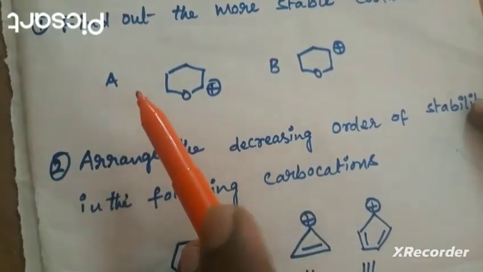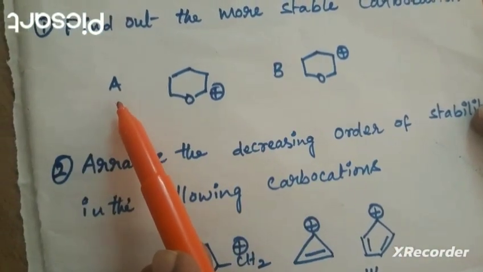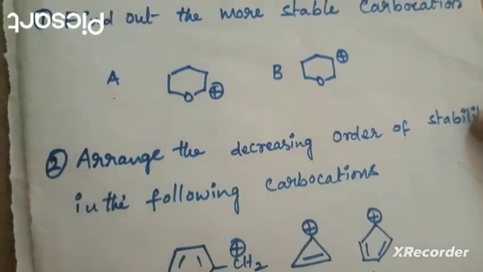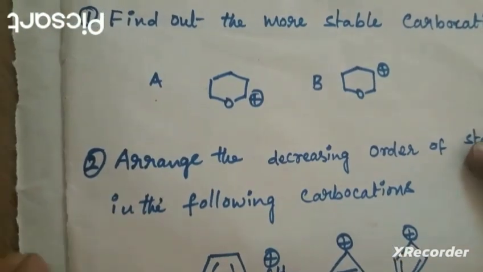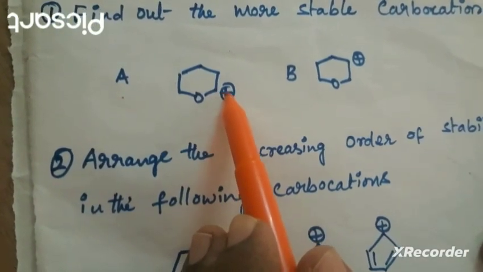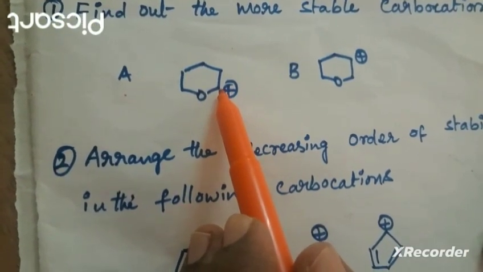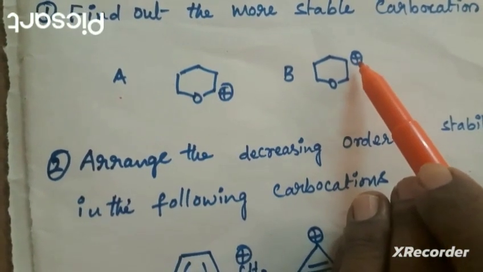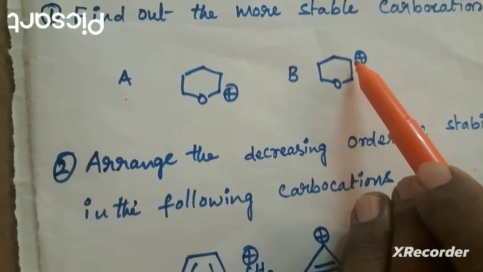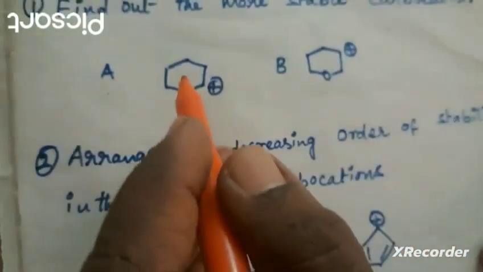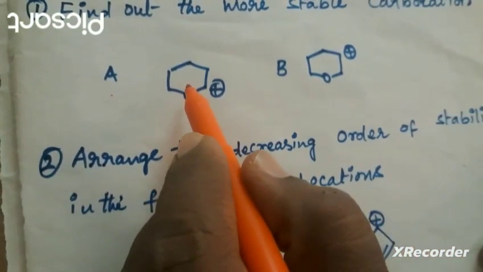So find out the more stable carbocation. Here there are two cations, A and B. In these two cations, you can observe that the positive charge is present on a secondary carbon in both. So now what is going to affect here?